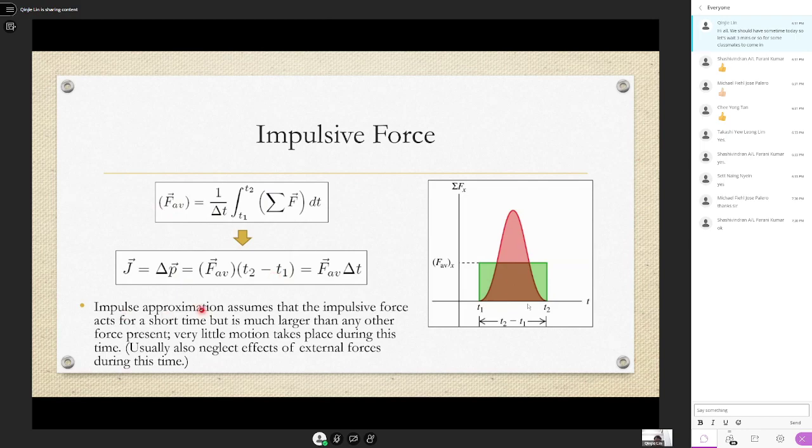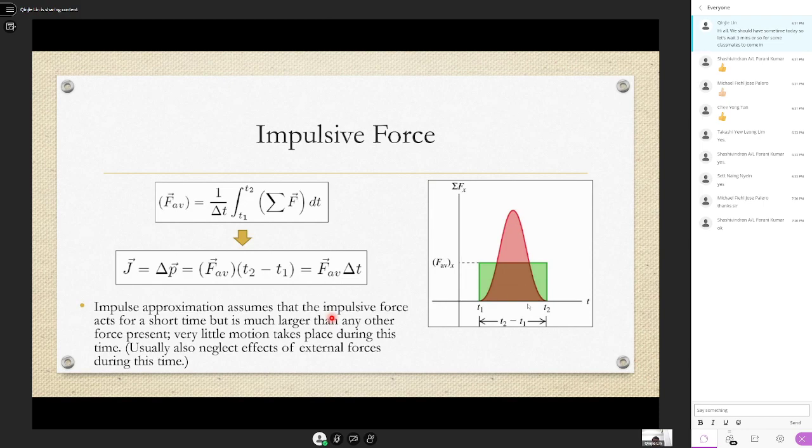Impulse approximation assumes that the impulsive force acts for a short time, but is much larger than any other force present. Very little motion takes place during this time, and usually we neglect effects of external forces. This statement is trying to say that for impulsive force, this impulse usually happens over a very short time, like a car crashing into a wall. The time from when the car starts crashing to the end of the crash is maybe in the milliseconds, right?